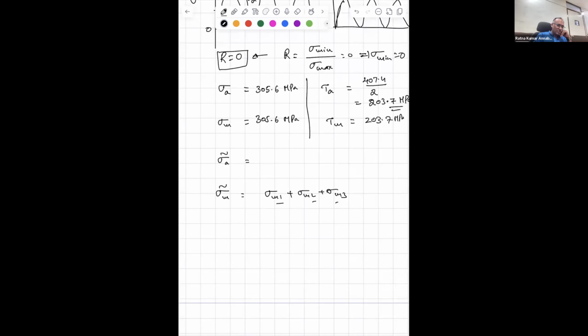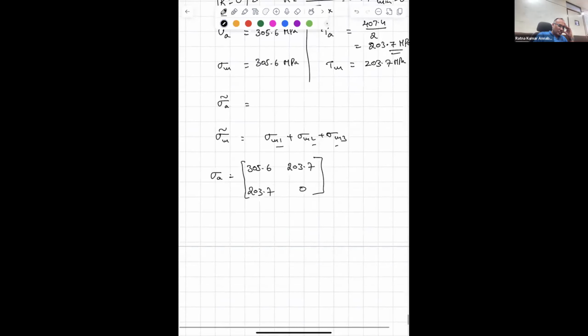So if you write the sigma A tensor, that will be 305.6 because it's XX, so it's two-dimensional. This is 203.7, this is 203.7, this is 0.